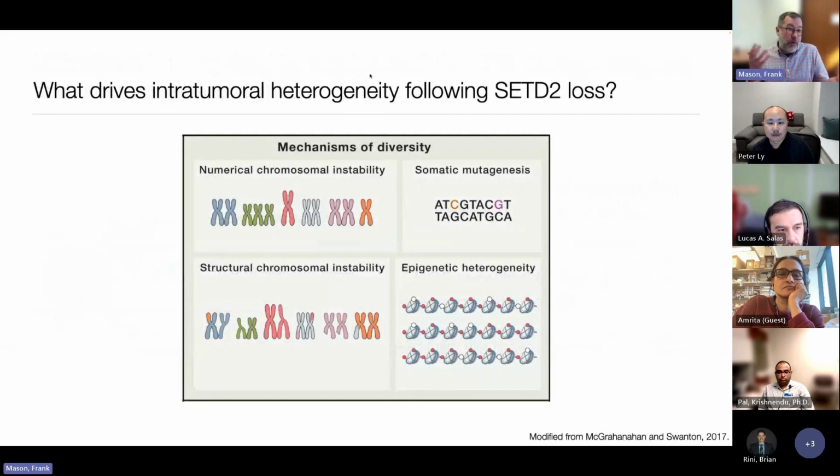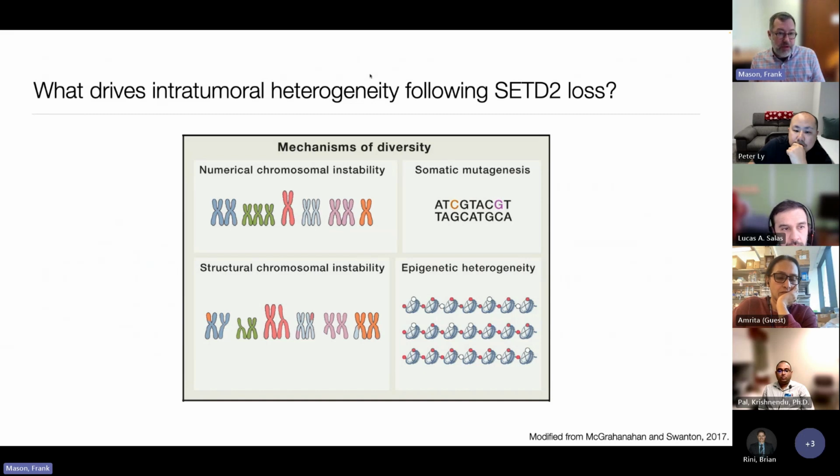And so there are a number of different ways that you can drive genetic heterogeneity in cell populations, as we talked about epigenetic heterogeneity, and then mutagenesis, although there is not strong data suggesting that SETD2 loss promotes mutagenesis. But one of the other main drivers of genetic diversity is chromosome instability.